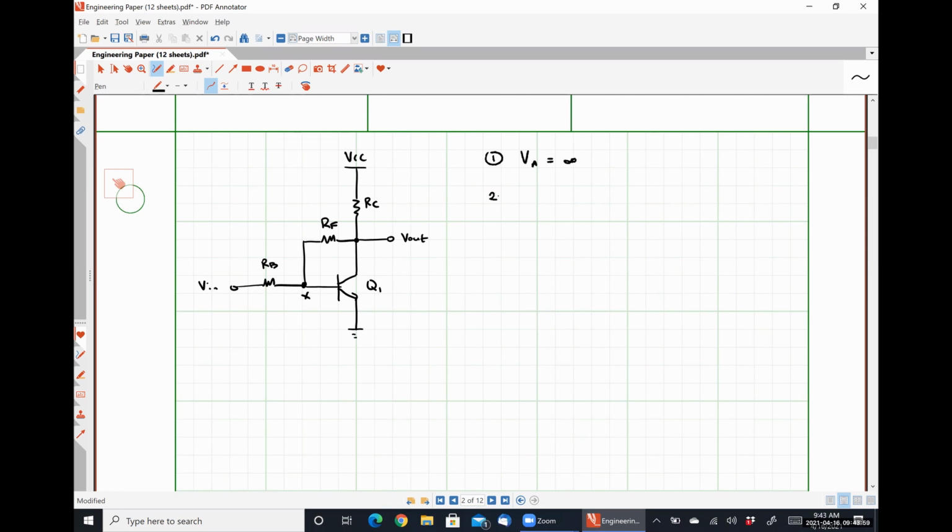And our second assumption is that our feedback resistor is large enough that V out over Vx is approximately equal to negative gm RC. So we're saying our feedback resistor is large enough that we could kind of sort of consider it like an open circuit. It's still going to have some effect, and that's what we're going to figure out. But we need to have some V out over Vx relationship here because we're using a resistor.